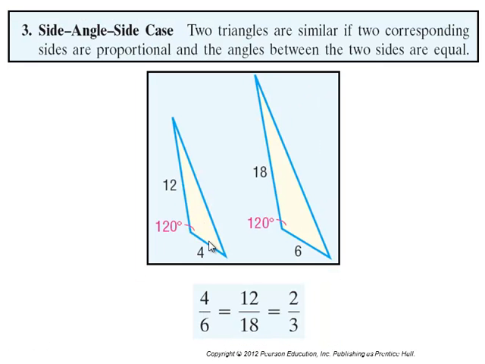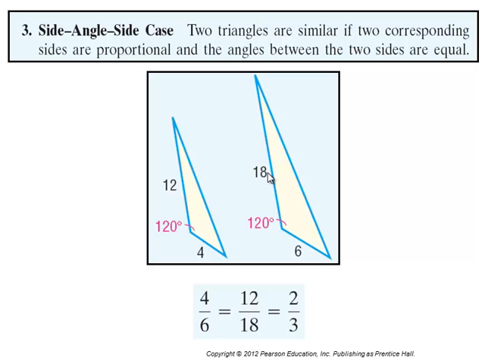Here's another way that you could tell that two triangles are similar, is if you have side angle side for the two triangles, and the angle's the same, and the ratio of the two sides to each other are the same as well. You could take a look at 4 is to 12 as 6 is to 18. Are those two proportions the same?